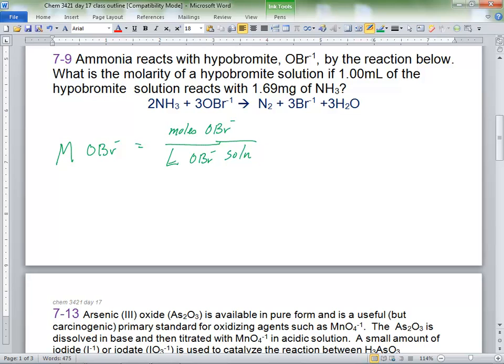There you go. They gave us the denominator. Just got to figure out the top. So pretty much just convert what to what, and you'll have it. The milligrams of that ammonia to moles of OBr.